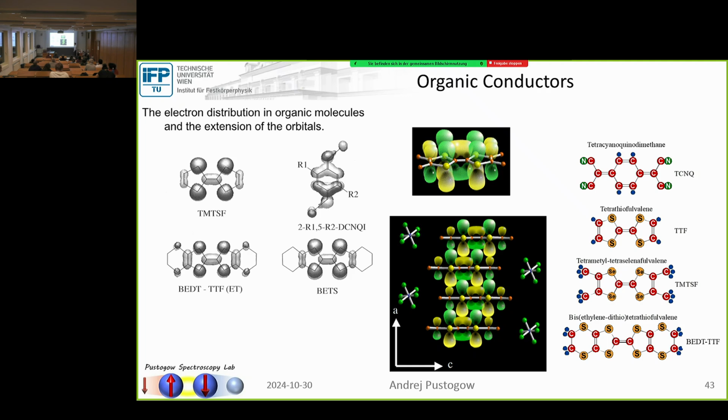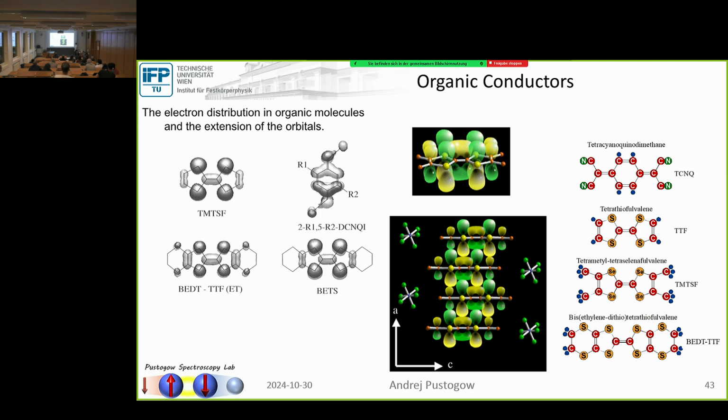And there are different types of these molecules. It started with these smaller molecules, TCNQ or TTF. And then people started building something on the ends of the TTF, like some additional methylene groups on all 4 points. And then they later built another ring on the outside, which is the so-called BDT-TTF molecule.